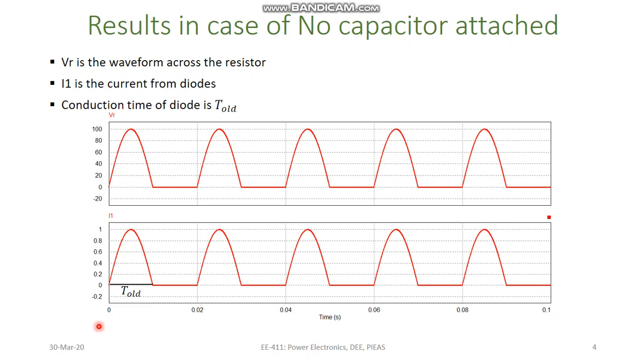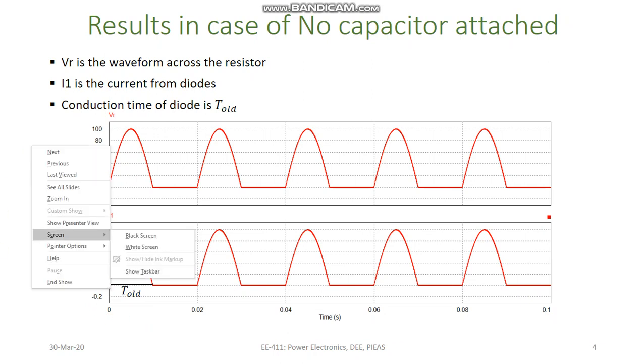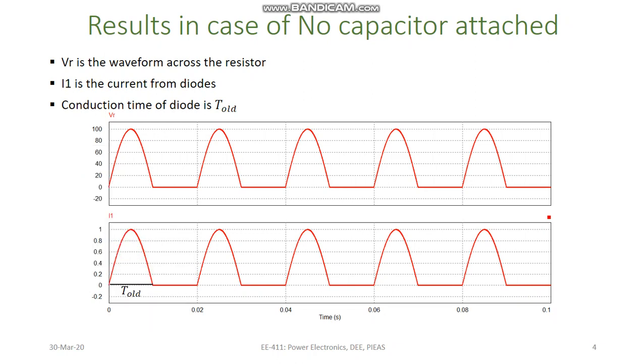It is 180 degree, which means that if we consider this is 0 and this is pi, and this is pi to 2 pi, only during this time period, 0 to pi, the diode D is conducting, and the time period with respect to this waveform is T old.